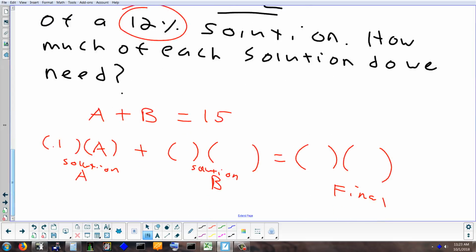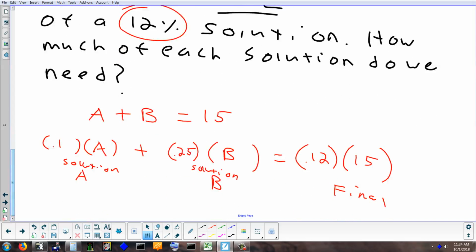What's the concentration of solution B? 0.25. And how much of that solution are we using? B, we don't know. Now the final solution. The concentration is 12%, and the final amount, 15 liters.